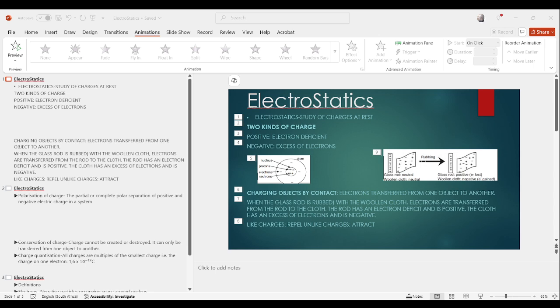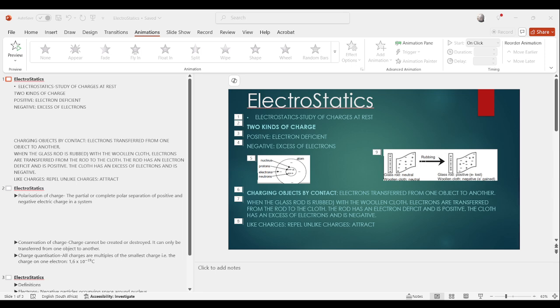So this is electricity at rest. The definition on the screen is that this is the study of charges that are at rest. That's electrostatics.